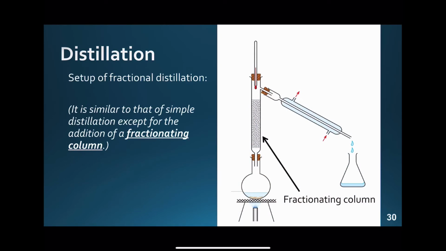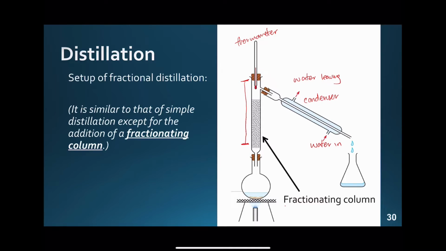This is how the setup of a fractional distillation looks like. You realize that it still has the condenser, still has water entering in and water leaving. It has a thermometer. So everything seems pretty much the same, just that there's this entire section here that's added in.